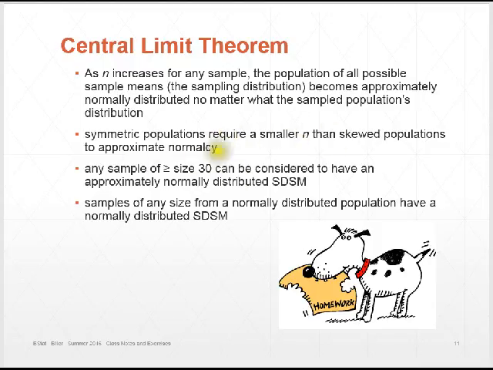And the magic number for any sample to be considered to have a normally distributed sampling distribution has been found to be size 30.